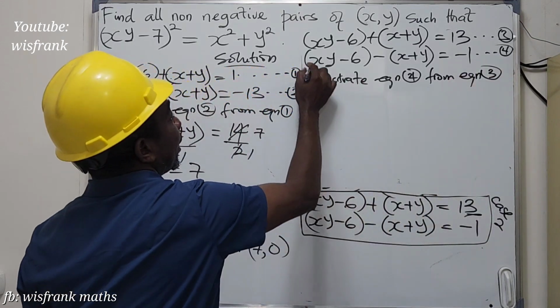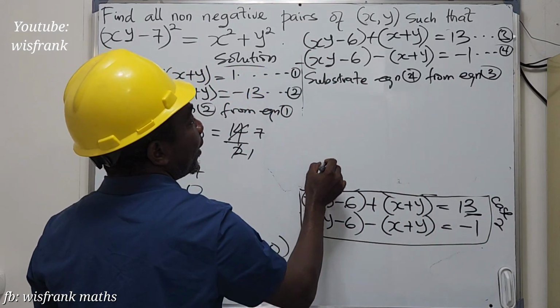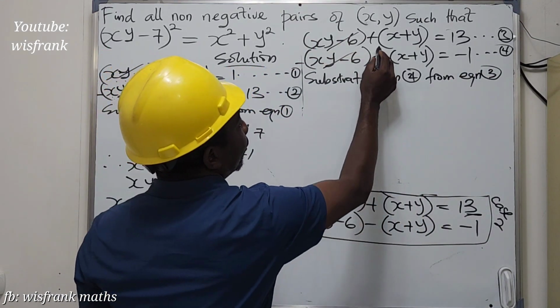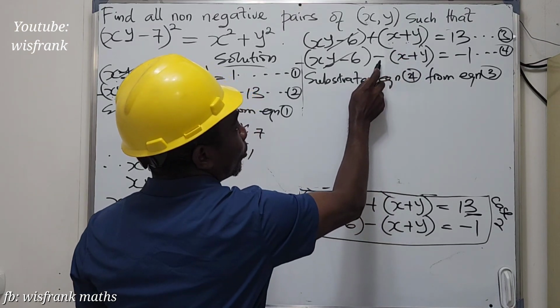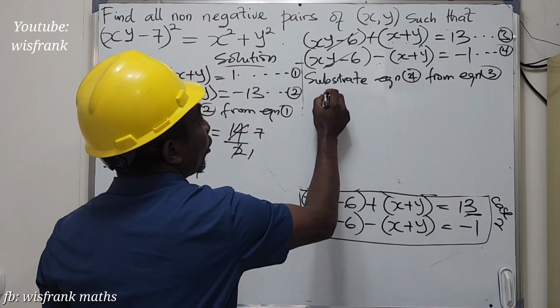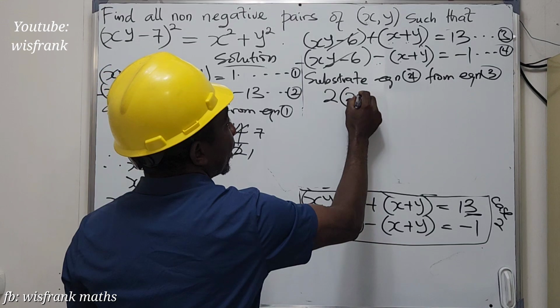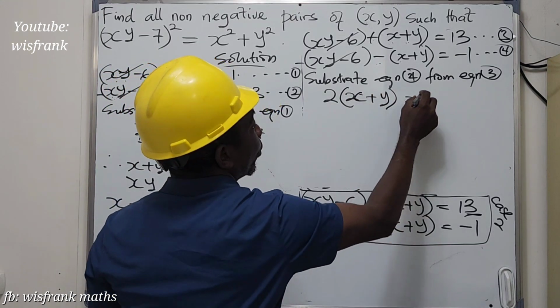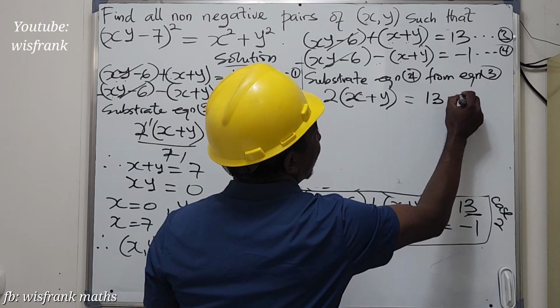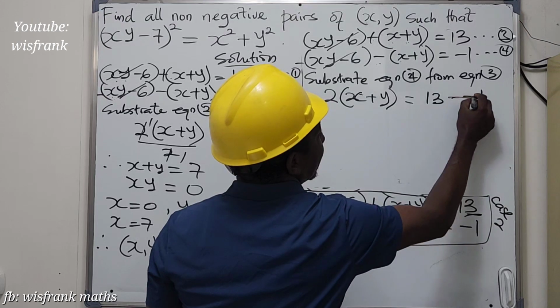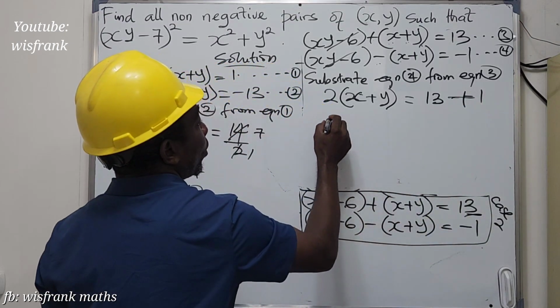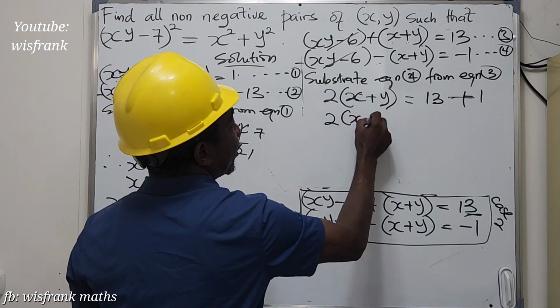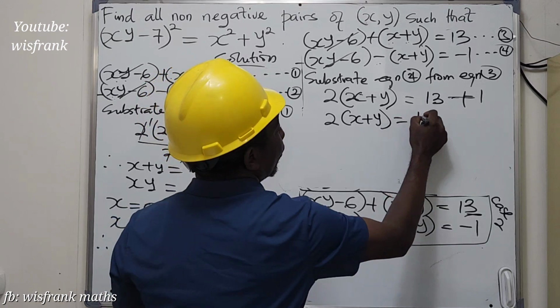So in that case, this will be minus this. This will go, and we have (x + y) minus (-(x + y)), which gives us 2(x + y) equals 13 minus minus 1, which is 13 plus 1, equal to 14. So 2(x + y) equals 14.